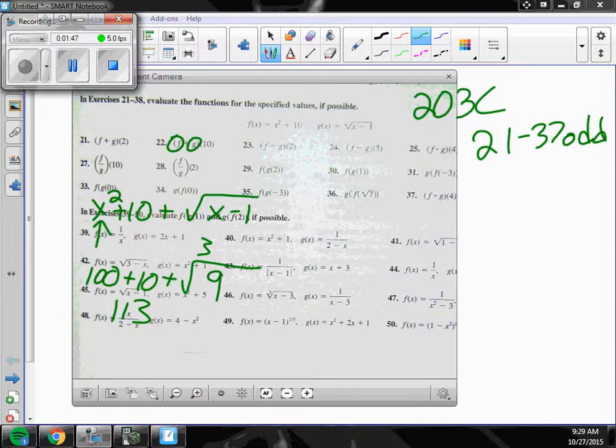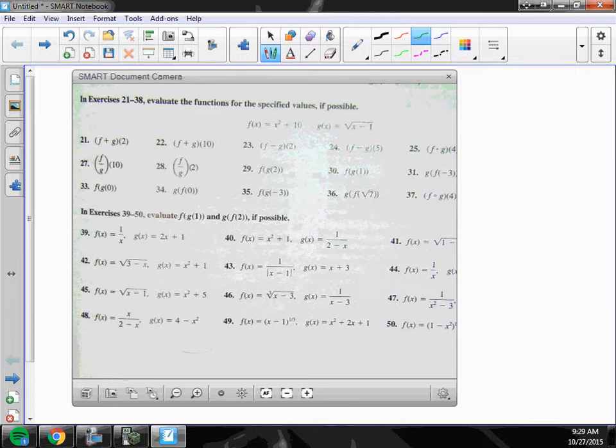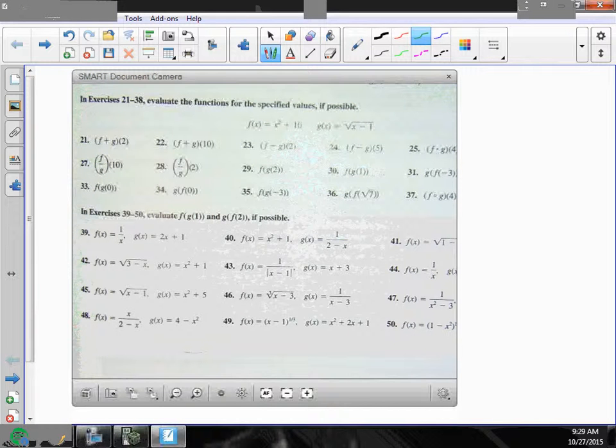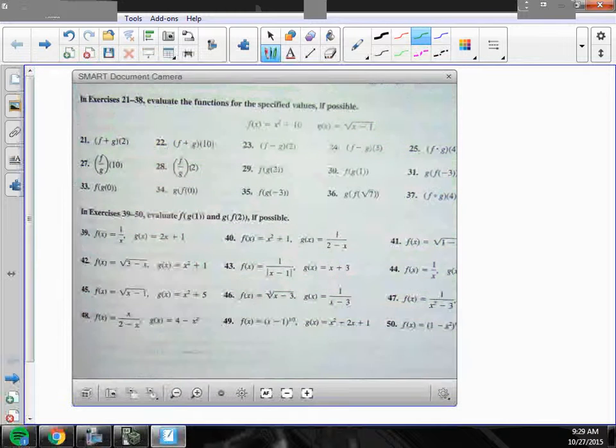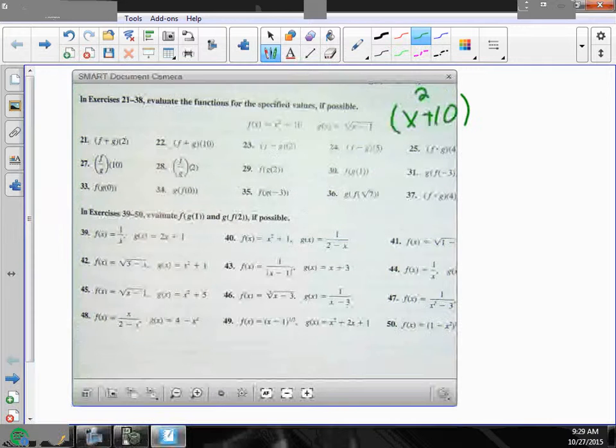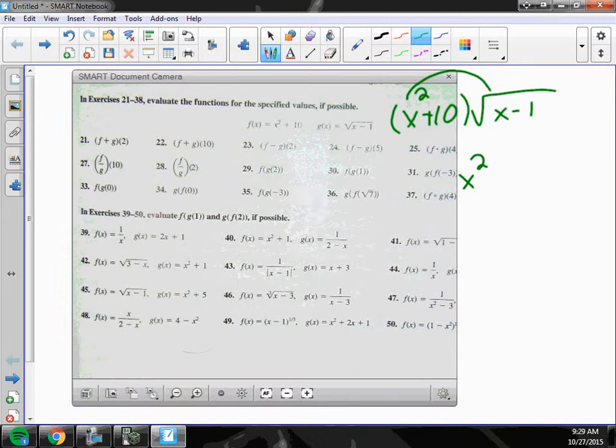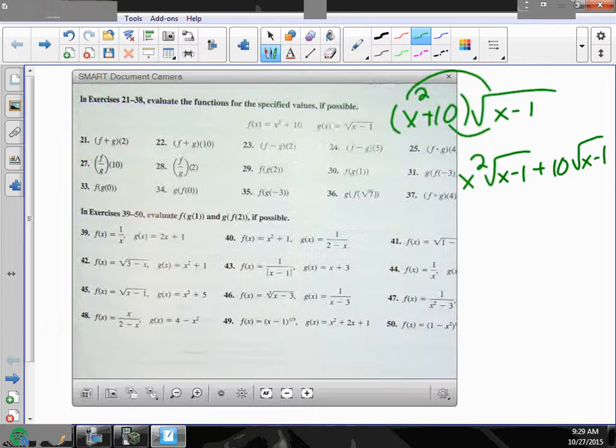Okay. The same sort of thing is going to happen with 24. Let's look at 26. It's x squared plus 10 times the square root of x minus 1. So I need to distribute: x squared square root of x minus 1 plus 10 square root of x minus 1.